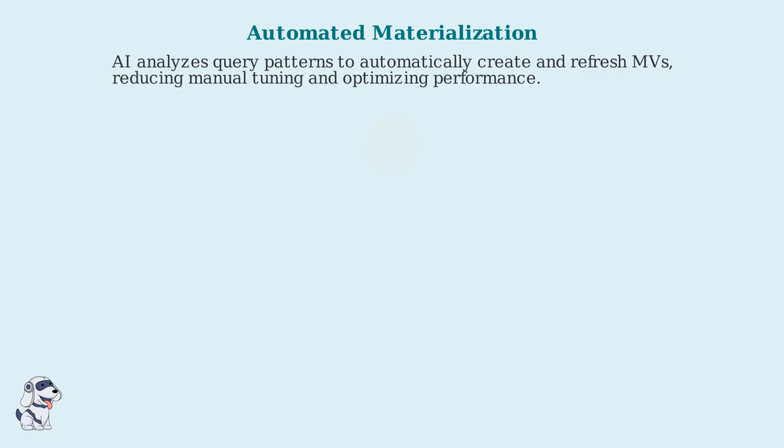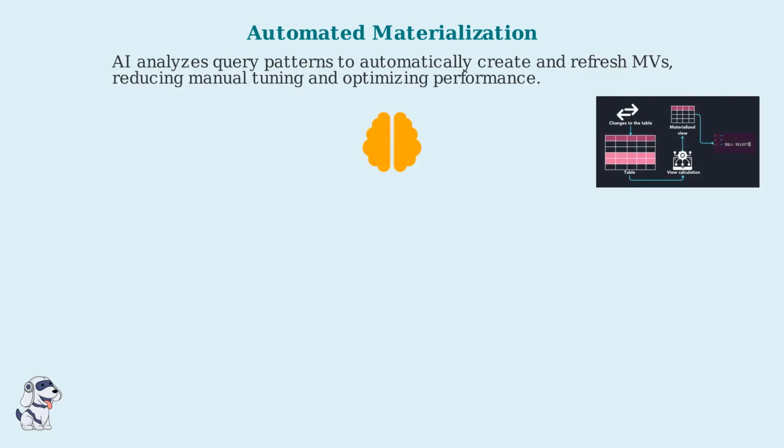Emerging trends in database optimization include automated materialization, where artificial intelligence automatically creates and refreshes materialized views based on observed query patterns. This automation uses machine learning to predict usage patterns and optimize refresh schedules, potentially cutting costs by up to 30%.